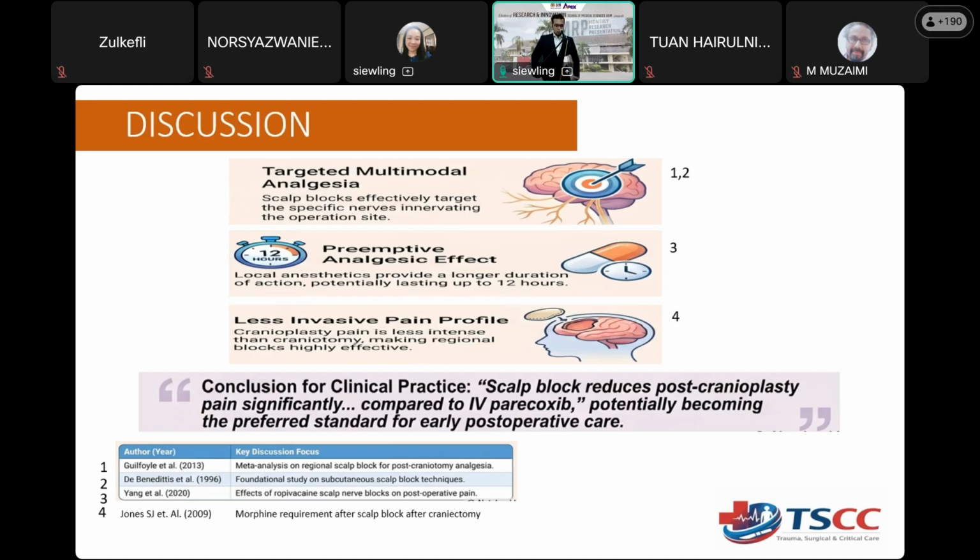And studies have found that for those given a scalp block with ultrasound-guided scalp block incisions, those patients have a longer duration of analgesia profile.